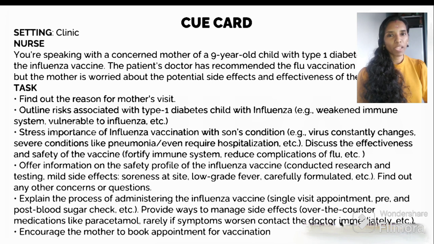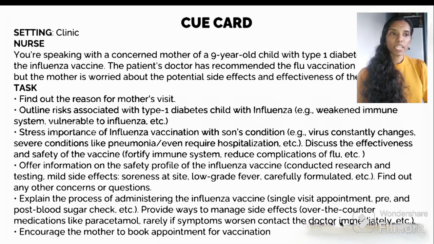You can say, oh my dear, I'm really sorry to know about your baby's condition, but no need to worry, I'm here to explain to you in detail regarding the influenza vaccination. That's enough. Then you have to put a tick mark on the left side of the task. It is very important, so you will not miss any task.